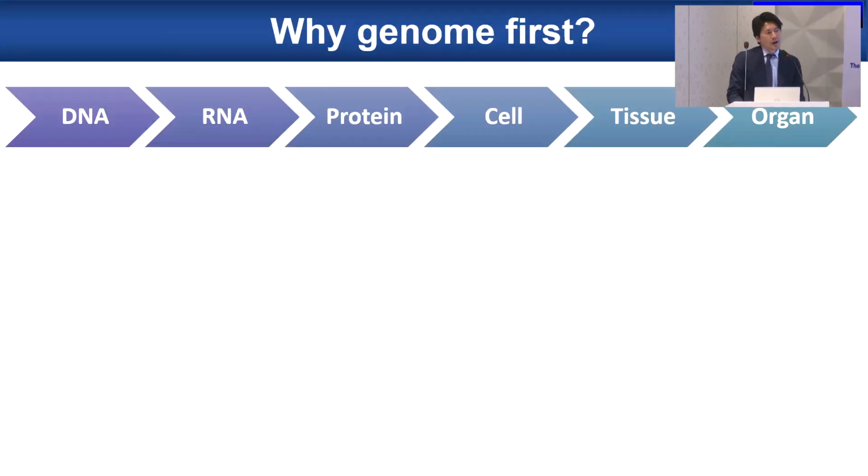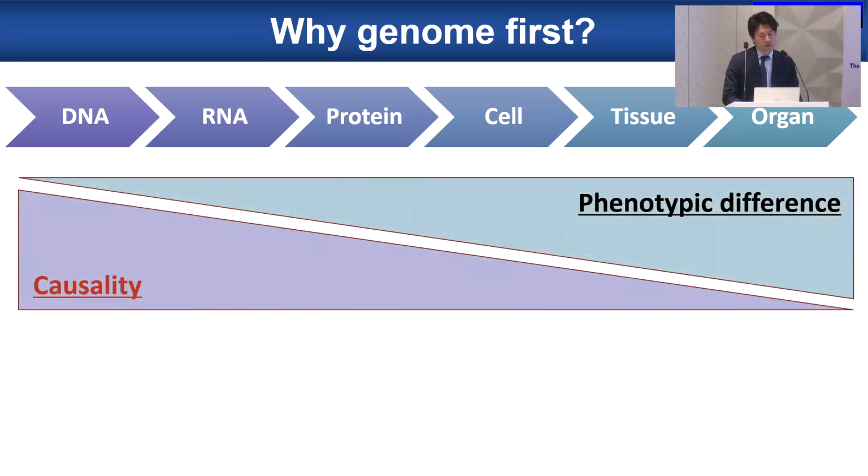Let me explain why I focus on the genome-first approach. As you know, according to the central dogma, the molecules in our body are synthesized based on DNA sequence. We can find obvious differences in tissues and organs in affected individuals compared to healthy ones, but we cannot recognize the molecular mechanisms.